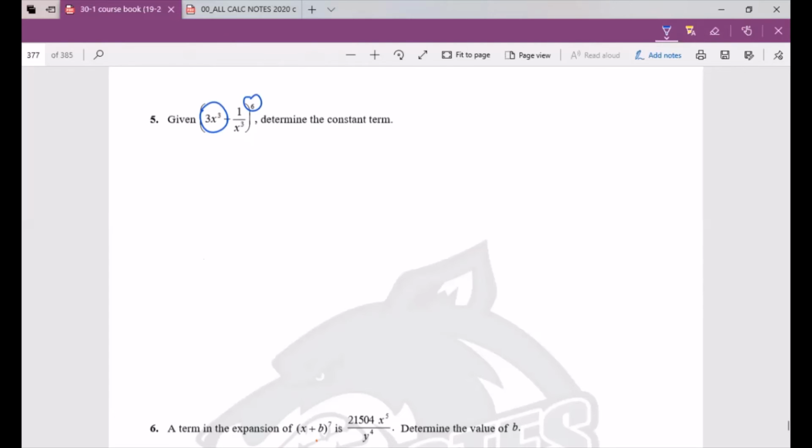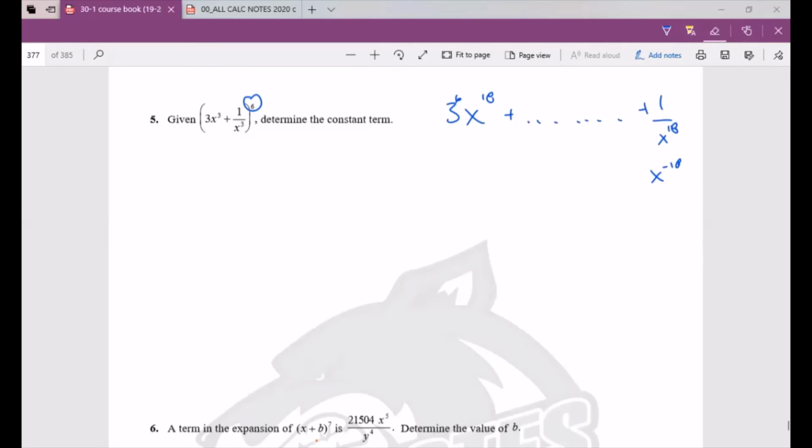Our first term, you could probably guess, would be 3 to the 6 times x to the 18. And then there's going to be a bunch of terms in the middle. And then my last term is going to be 1 over x to the 18, or in other words, x to the negative 18.